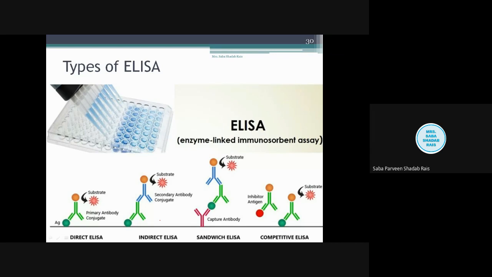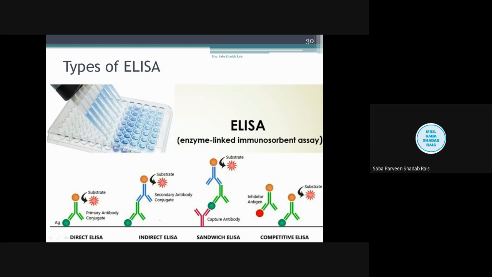This was the primary idea: to design more and more specific, or say more and more sensitive, tests, so the signal strength will be more.